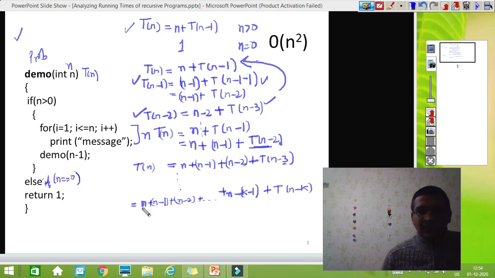Now, to find out when this general term is going to stop, we need to get this term as T of 0, because at n equals 0 we get 1. So replacing this term, n minus k equals 0, that means we get k equals n. So we replace the value of k equals n in this general term to see what we get.